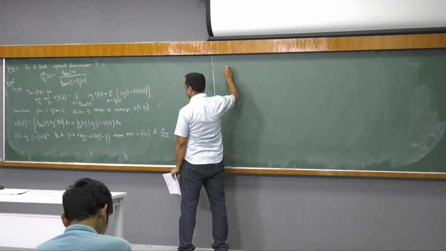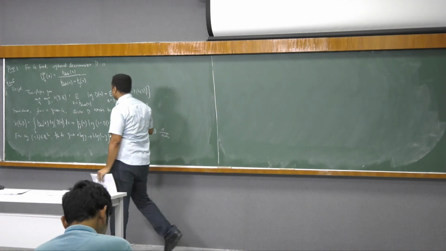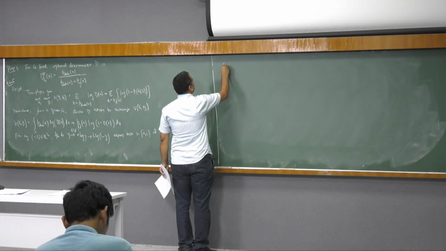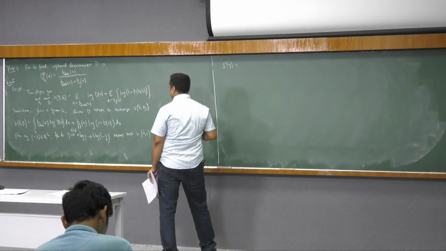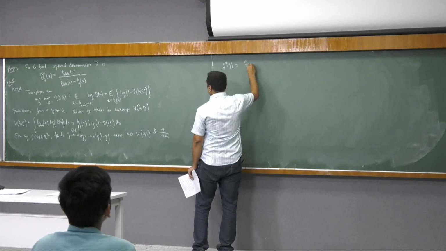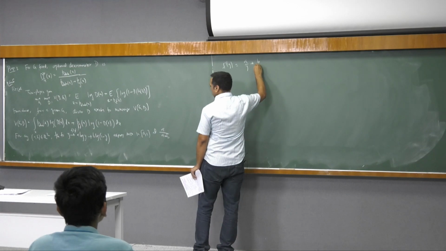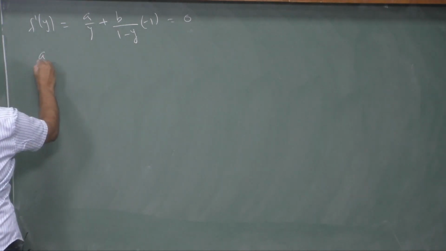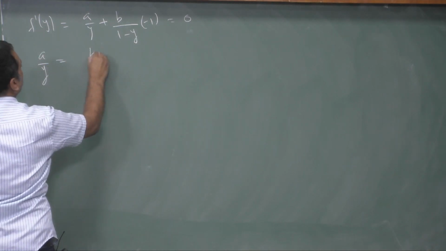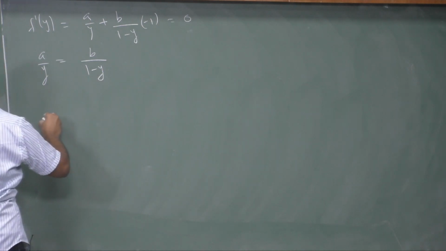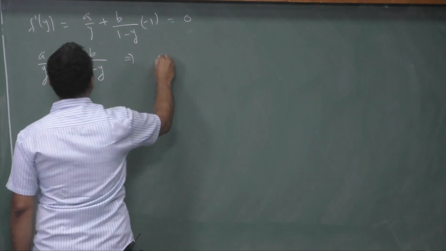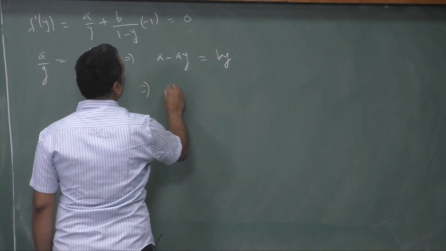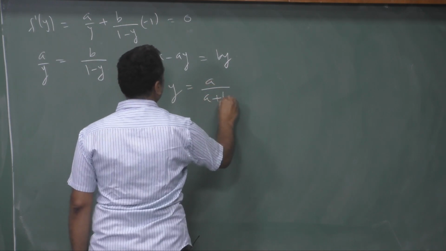Let us call this function f of y. Then f prime of y is a by y plus b by 1 minus y times minus 1, and this should be 0. So a by y equals b by 1 minus y. This gives a minus a y equals b y. This implies y is a by a plus b.